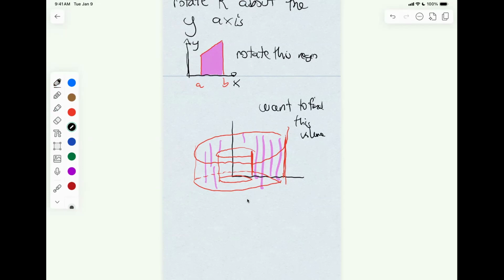Okay, so what is the strategy? Again, I'll just do the rectangle thing one more time.